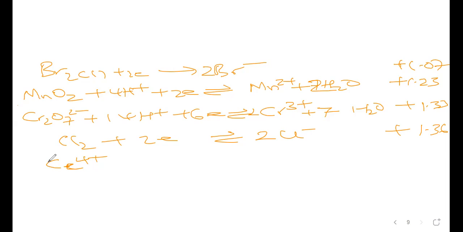Okay, you can't guess, but that element is called cesium. That's the element. Now cesium 4 plus plus an electron give us cesium 3 plus. This one occurs if the metal is dipped in sulfuric acid. That one is plus 1.45.